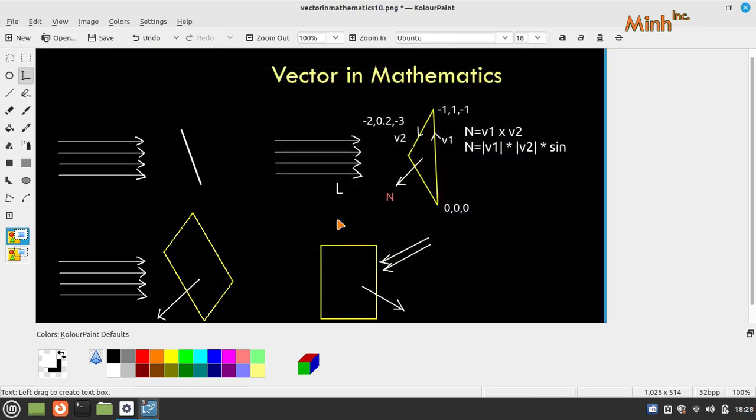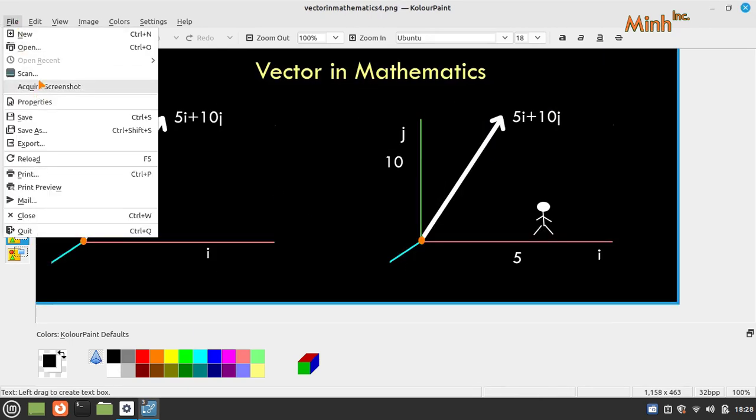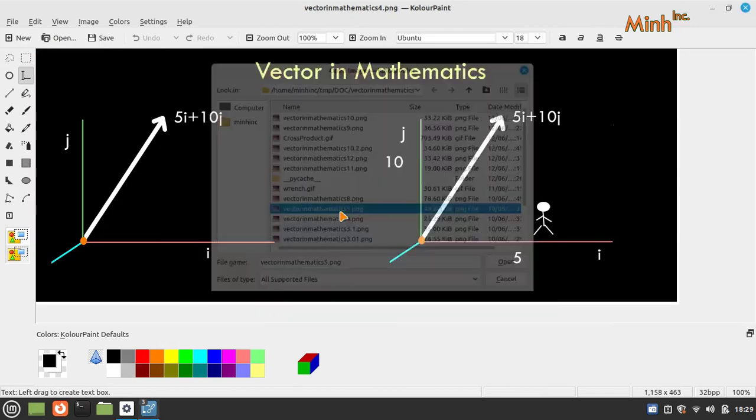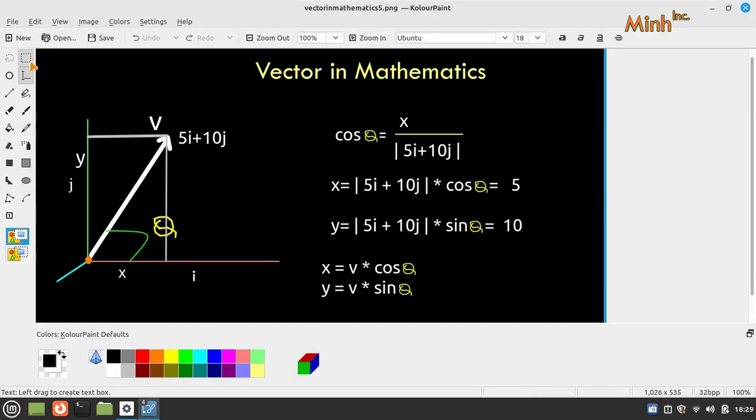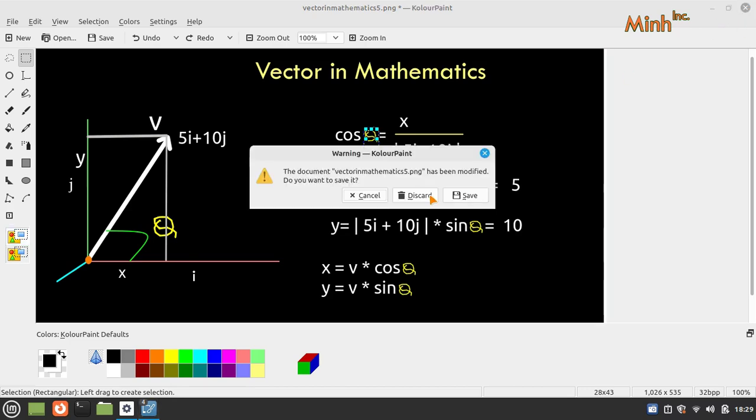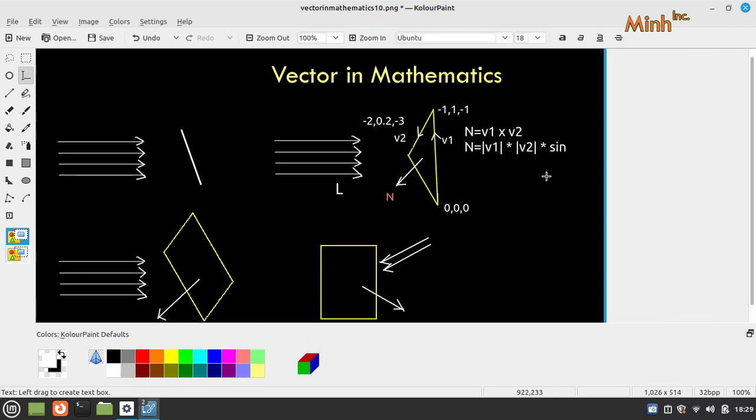Probably we have theta somewhere. So this is sine theta, where we are talking about this theta.